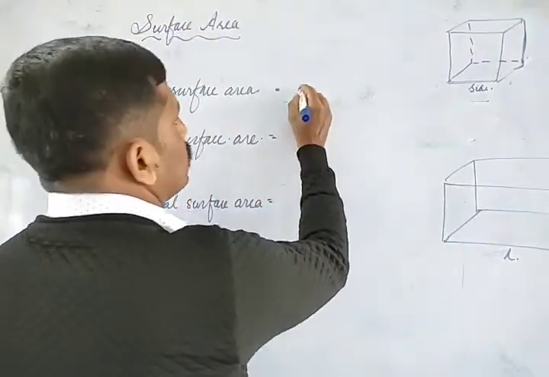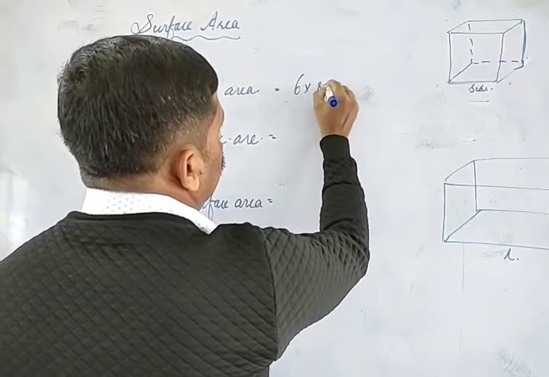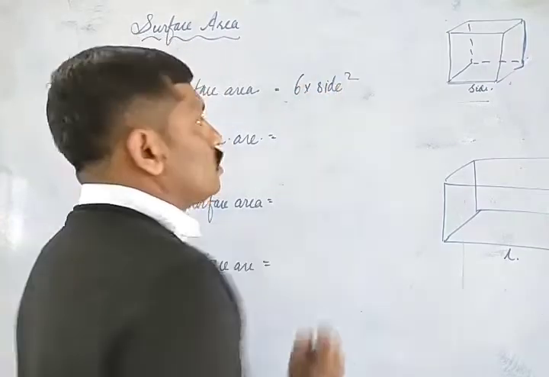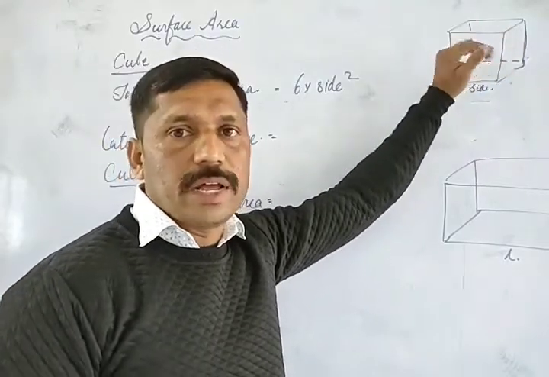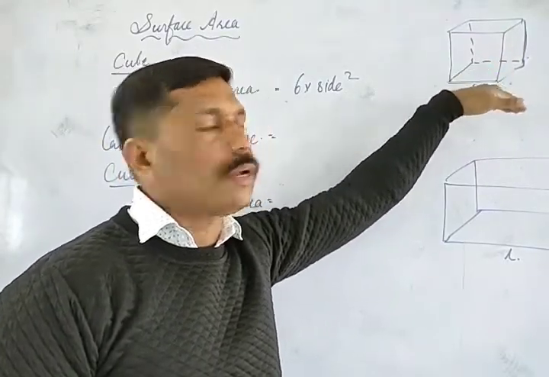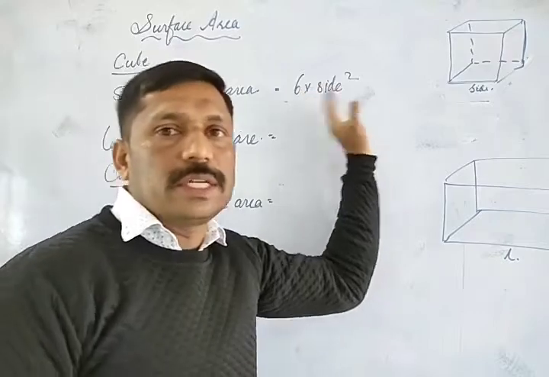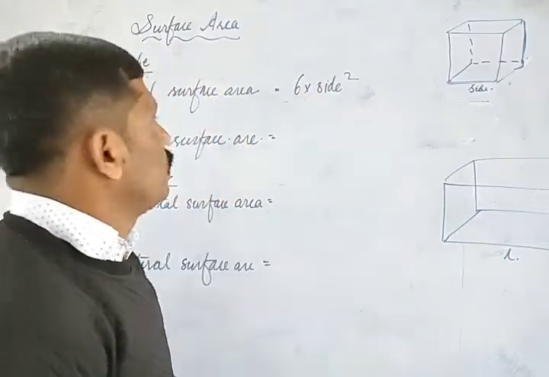Therefore, total surface area is equal to 6 into side square.